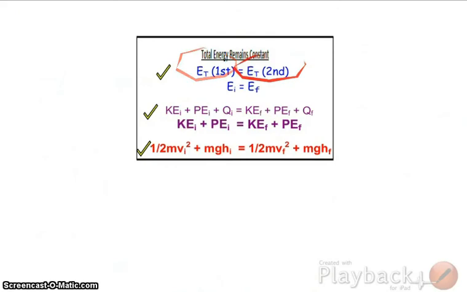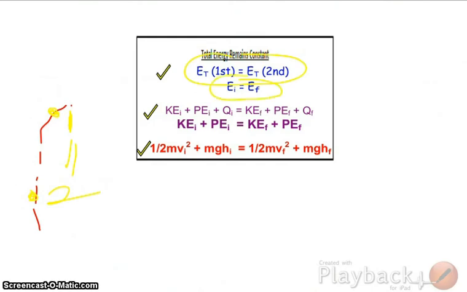Any two spots in that travel of the ball is going to be the same. So I say, okay, let's say this is spot 1, this is spot 2. Those two have the same energy. Or initial energy equals final energy. You can also think about it that way. Wherever you start is the same as wherever you finish. Either one works.